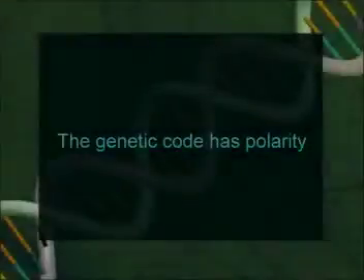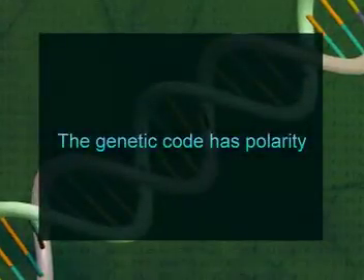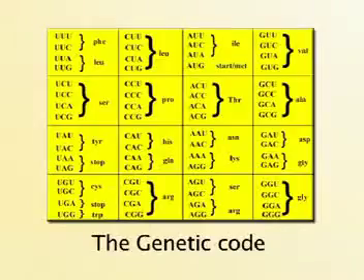When an amino acid is specified by several different codons, the codons that differ in either of the first two bases require different tRNAs. The genetic code has polarity. The code has polarity, that is, it is read between the fixed start and stop codons.